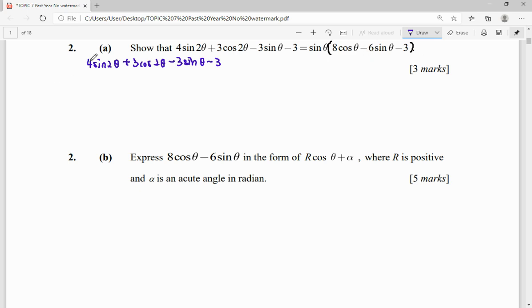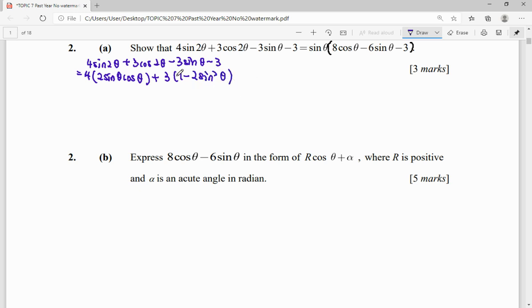So our first step, we are going to apply our double angle formula. So for sine 2 theta, it will be 2 sine theta cos theta. Meanwhile, for cos 2 theta, we can apply 1 minus 2 sine square theta.